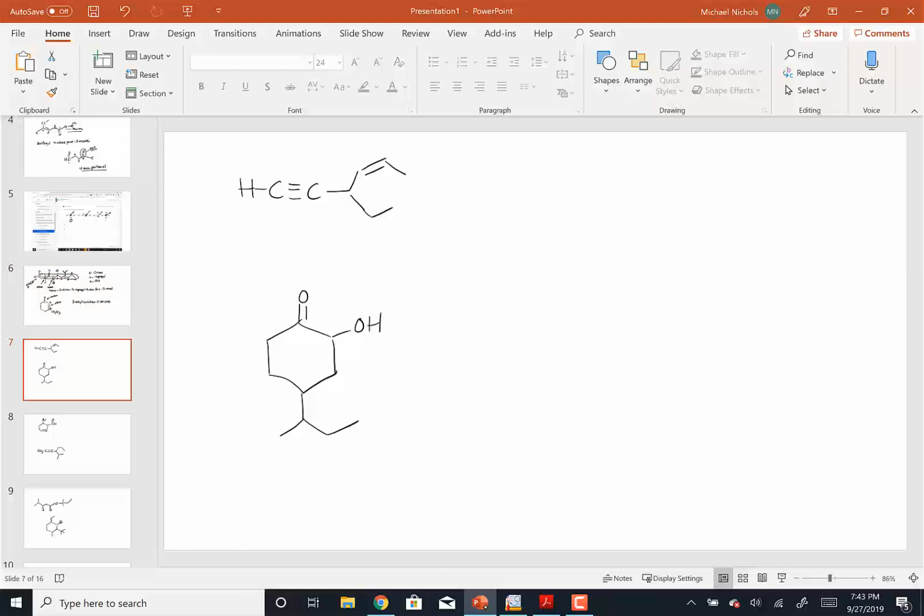Now the next problem has a couple of issues because this has an alkene and an alkyne in it. And so the real issue here is that this doesn't quite follow the chart.